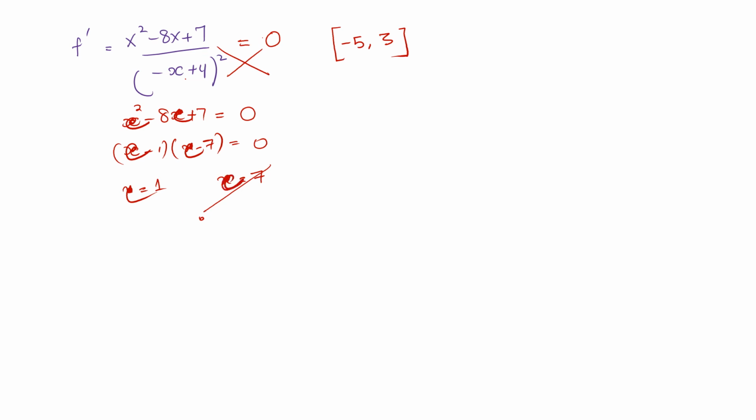So here 1 lies in between the closed interval, whereas 7 is outside the closed interval. So we will ignore 7 and we will wind up our question by showing that 1 lies in the interval. So this is how we solve the questions related to Rolle's theorem.